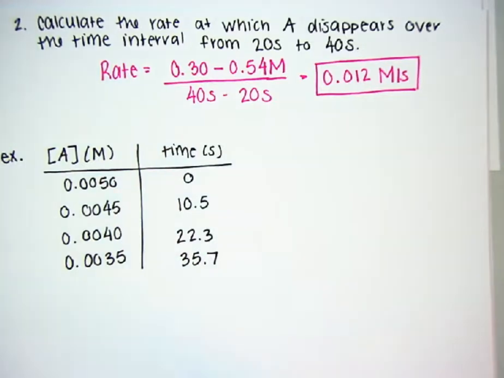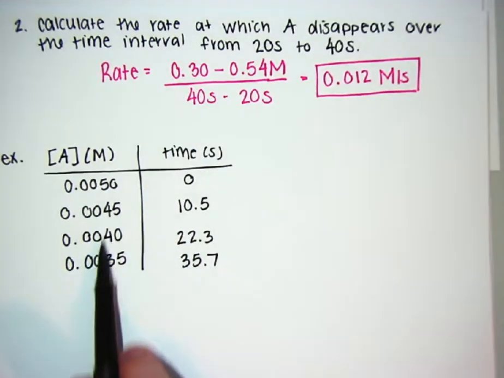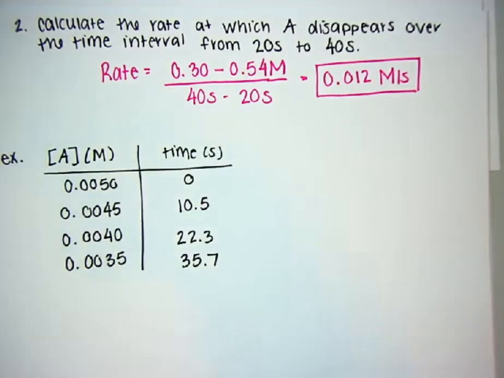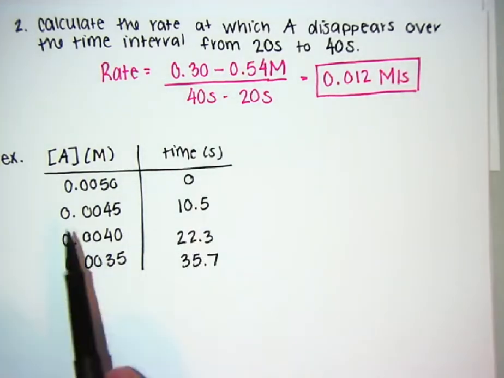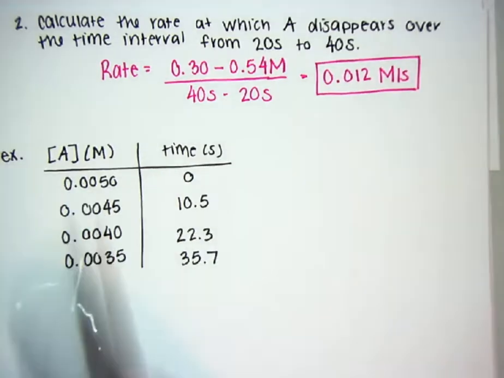So in this case, we see that A is disappearing because it's decreasing over time, and we're recording how long it takes to decrease by 0.0005 molar.